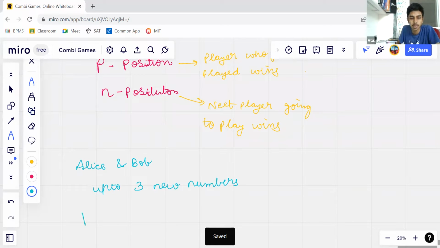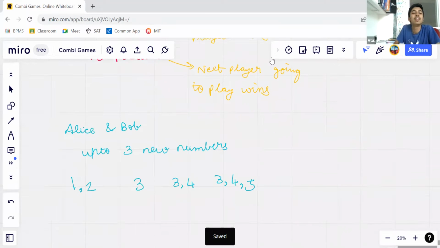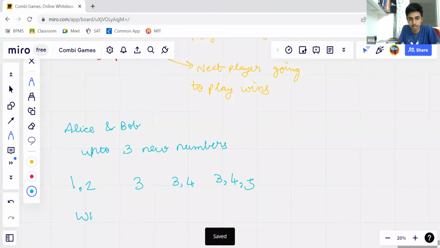So suppose Alice says 1, 2. Bob can say 3, or Bob can say 3, 4, or 3, 4, 5. And whoever says 21 loses. Suppose Alice starts first, who has a winning strategy?